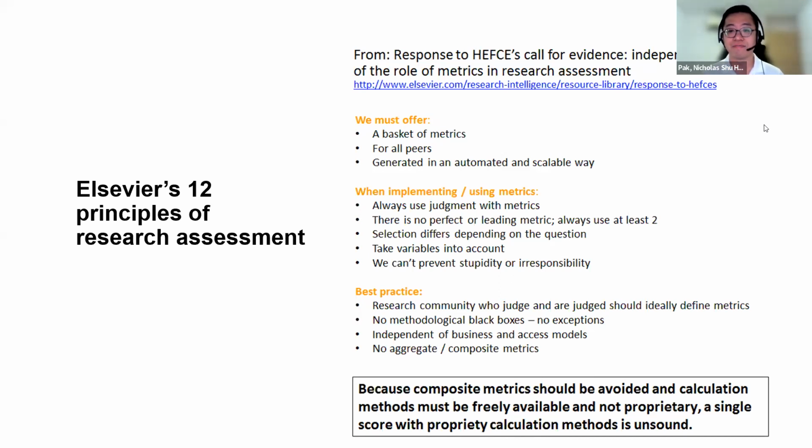They are independent of business and access models, without any aggregation or composite metrics. Composite metrics should be avoided, and calculation methods must be freely available and not proprietary. A single score with proprietary calculation methods will be seen as unsound. This is something we are committed to in our 12 principles of research assessment.